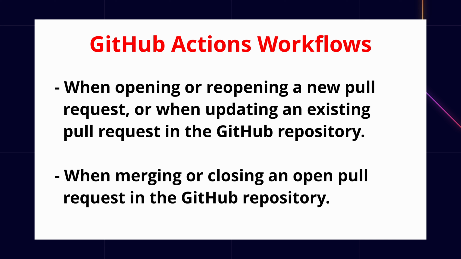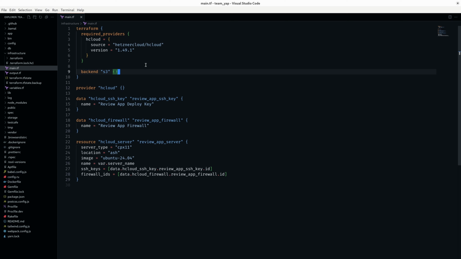In this example, I'll create two separate workflows, one to provision and deploy the infrastructure when opening or updating a pull request, and one to tear down the infrastructure when closing the pull request. I can set up both of these workflows in a single file and use conditional statements based on the event, but I'll keep them in separate workflows to simplify the explanation for this video.